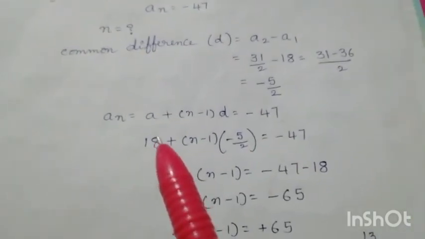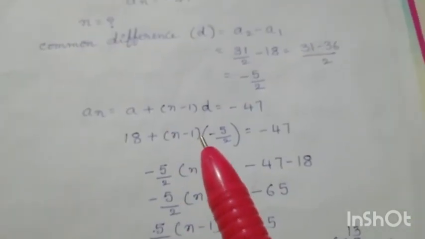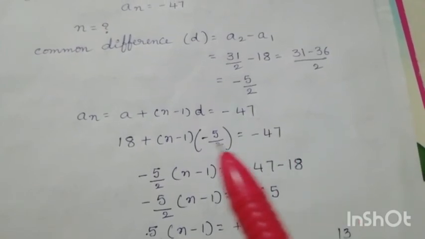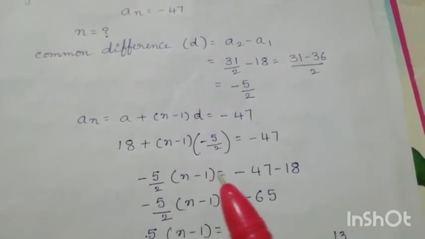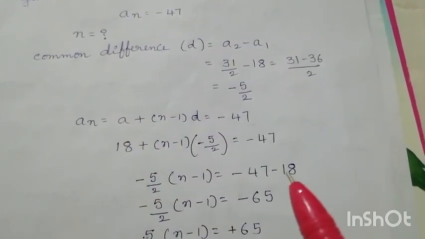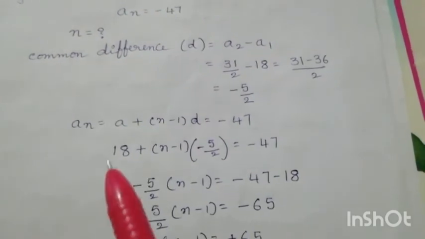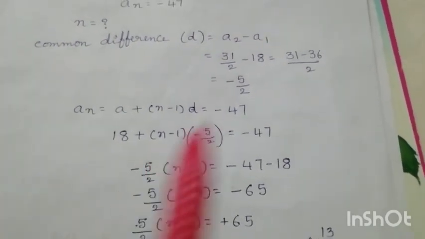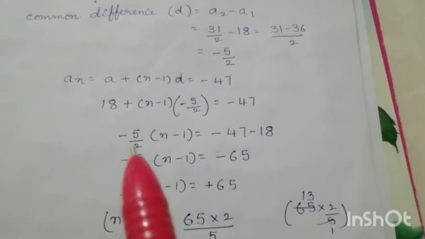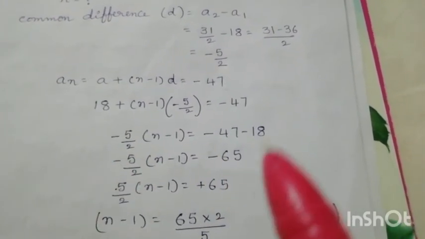So 18 plus n minus 1 into d, minus 5 by 2, is equal to minus 47. So minus 5 by 2 into n minus 1 is minus 47. Bring plus 18 this side, it becomes minus 18. So minus 5 by 2 into n minus 1 is minus 47 minus 18 is minus 65. Both sides you have minus, so cancel this minus sign.